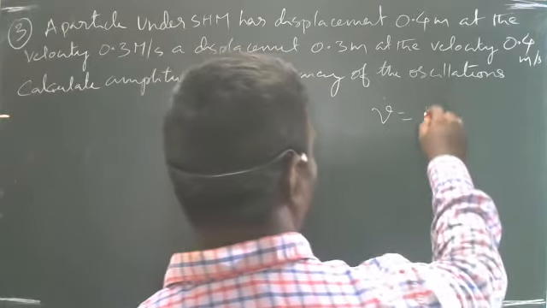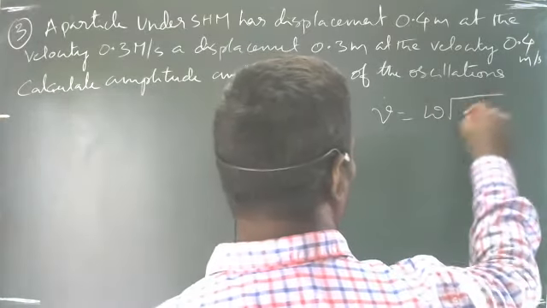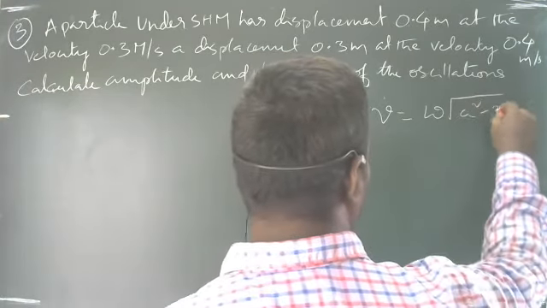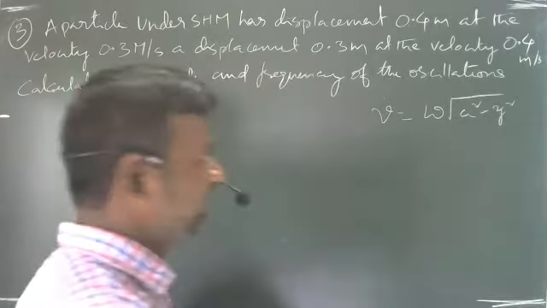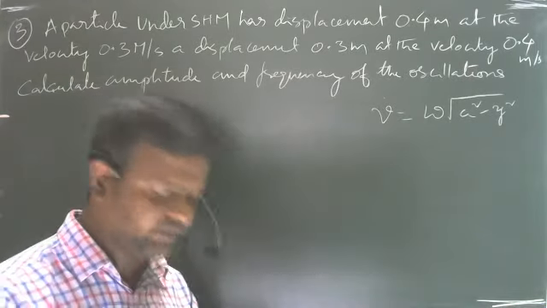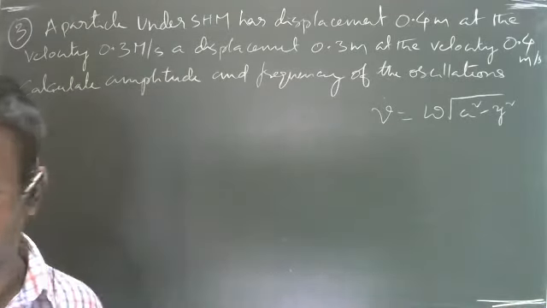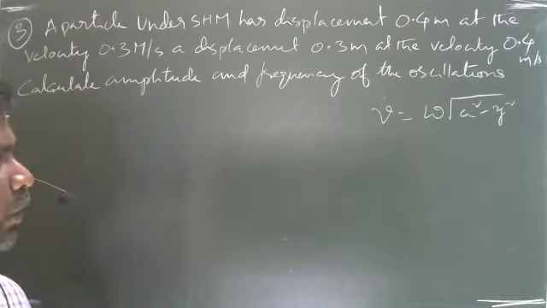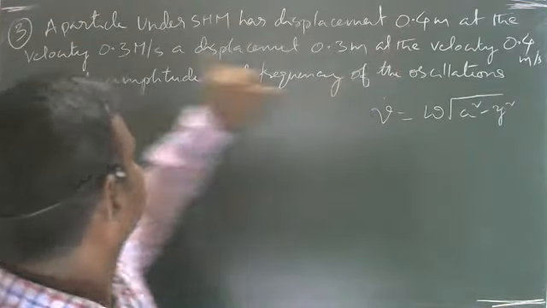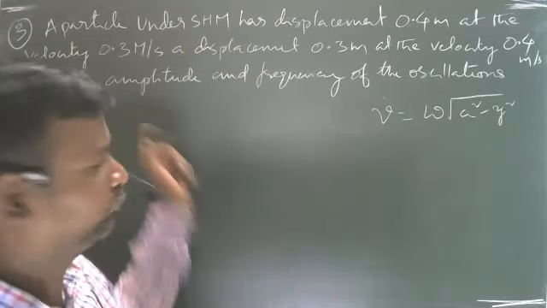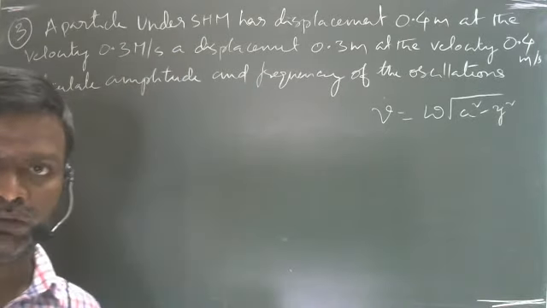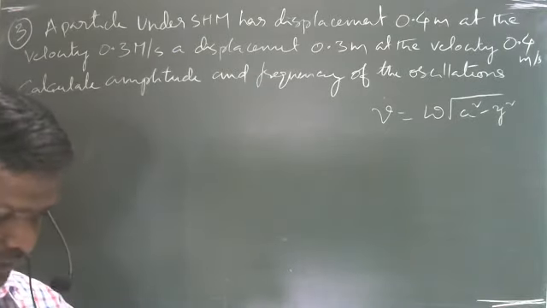Velocity is equal to omega into root over a square minus x square, or y square. Using this equation you can substitute the values for the two different cases given.